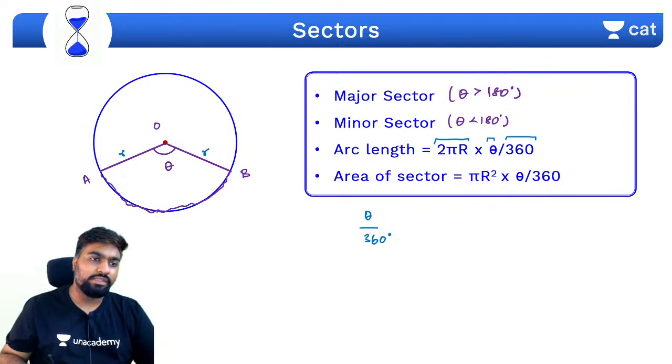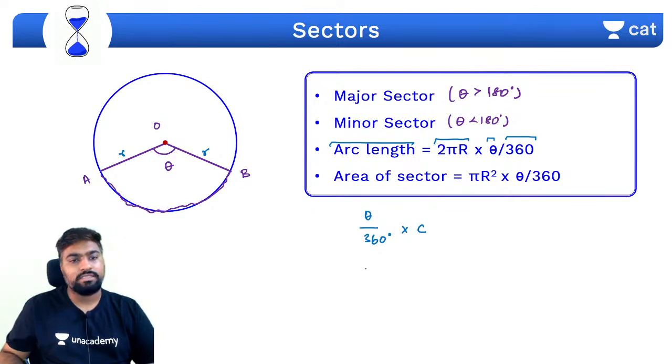If you want the length of the arc, you multiply this with the circumference. If you want the area of the sector, all you do is theta by 360 into the area of the circle, pi r squared. Area of sector, length of the arc.